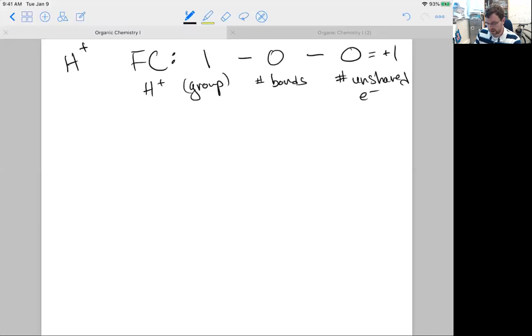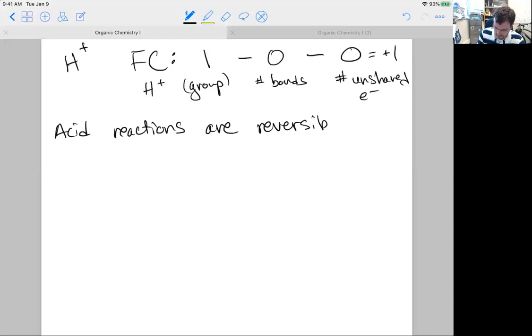So that's H plus. One thing that I want us to start appreciating in this last lecture of Learning Module 1 is that acid reactions are reversible. Let's just take a generic element with a lone pair of electrons. So we have my lone pair of electrons.